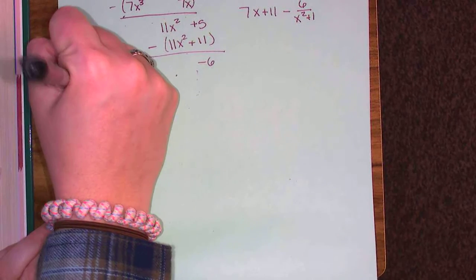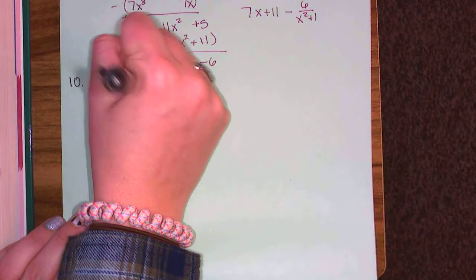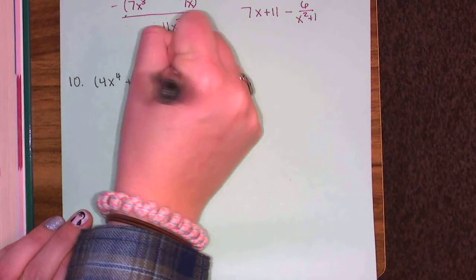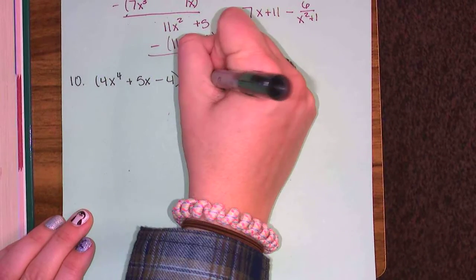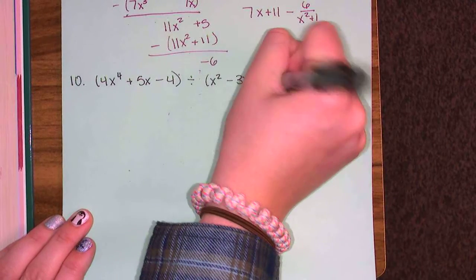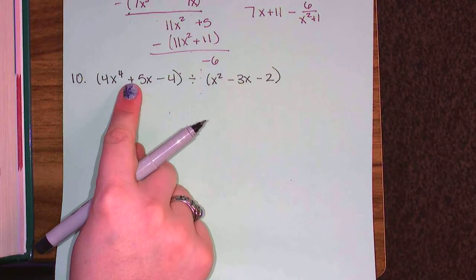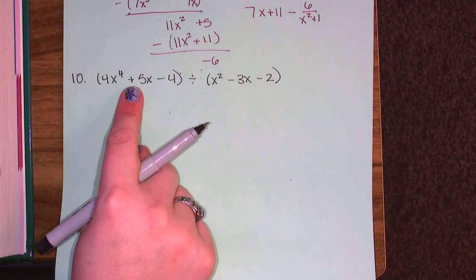Alright, number 10. 4x to the 4th plus 5x minus 4 divided by x squared minus 3x minus 2. Okay, what do you notice about this over here? I'm missing terms, so I'm going to write them in as zeros.